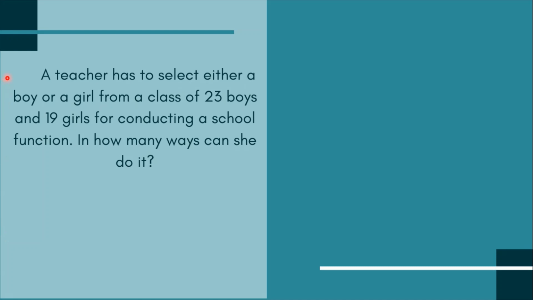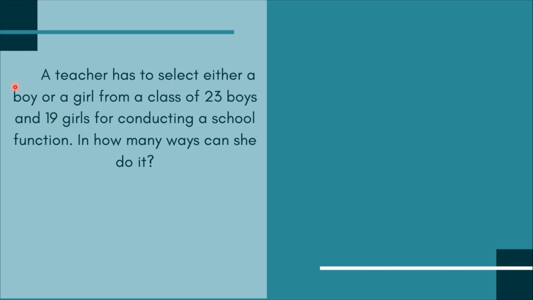So, based sa pag-analyze natin dito sa problem, so we have 2 tasks or 2 activities. Pagpili ng boys, pagpili ng girls. Pero ilang task ang dapat natin gawin? Correct. Isang task lang. Kasi sabi dito, select either a boy or a girl.